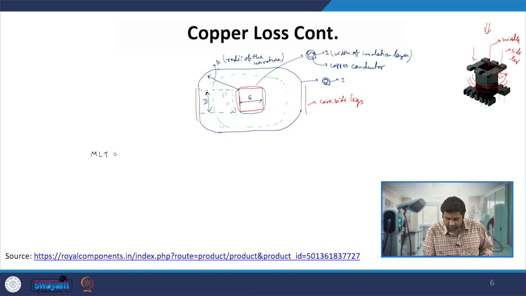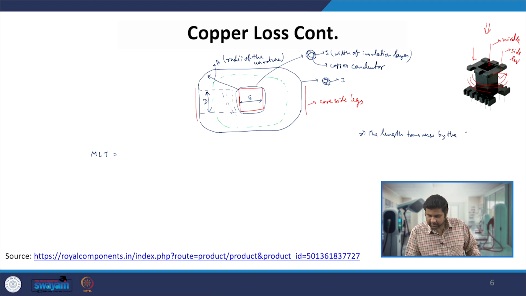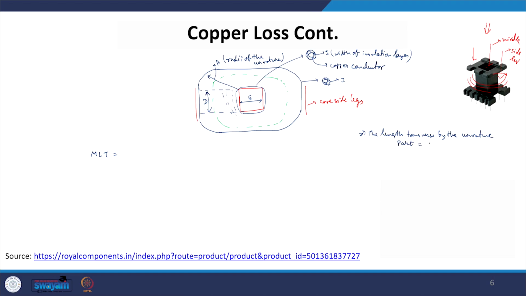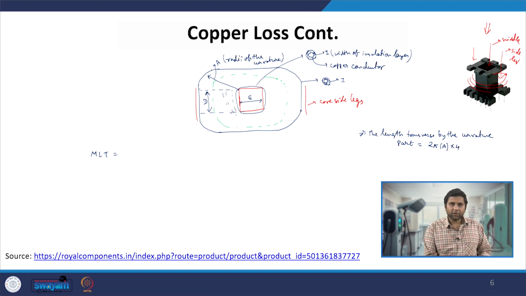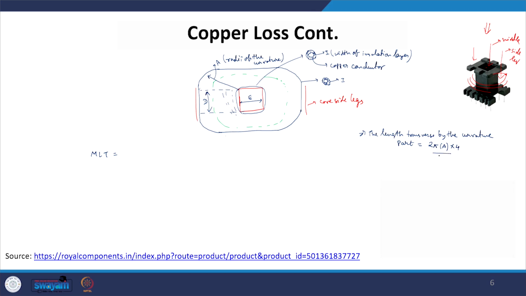The length traversed by the curvature part you can take as 2 pi times the radius A, four times, and since it is just travelling the quarter part, it is divided by 4.